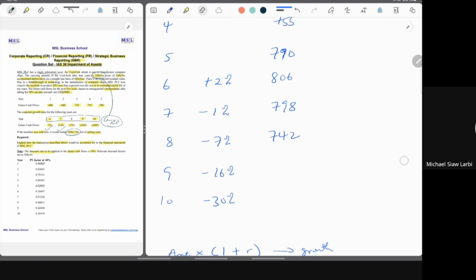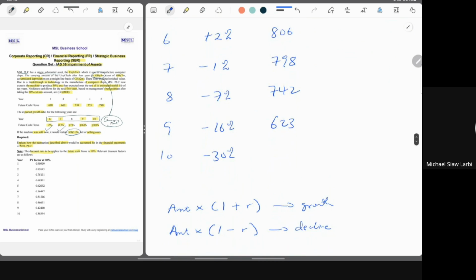We do year 9 as well. In year 9, we're going to decline by 16%. So it's the same 742 times 1 minus 0.16, and that gives me 623.28. Rounding off will be 623.